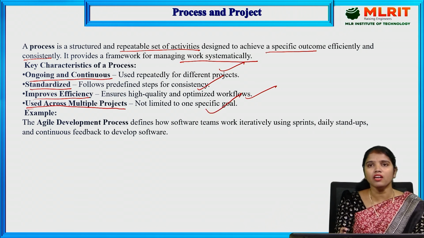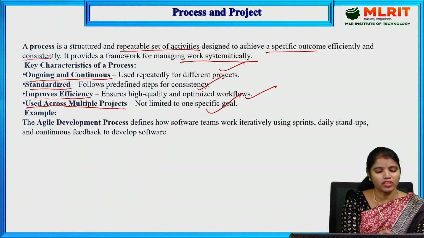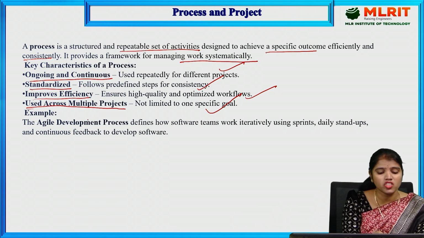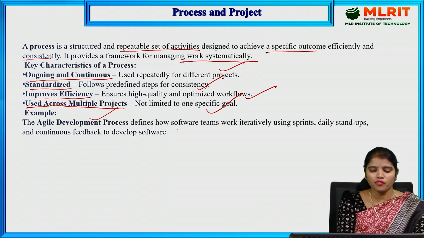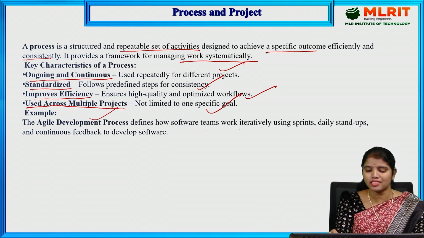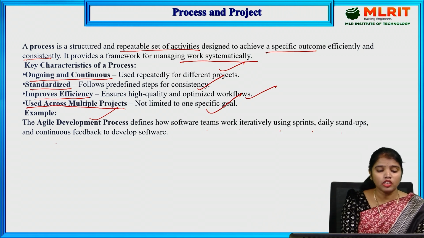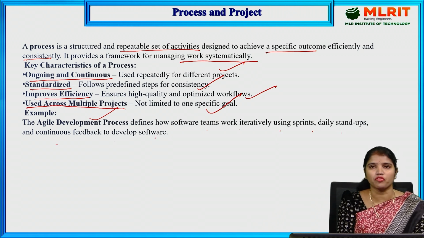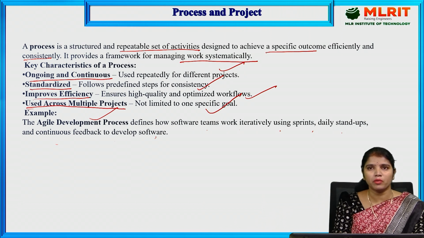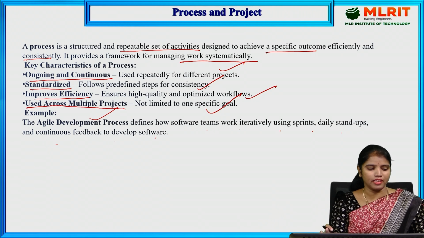As an example, take the agile development process. It defines how software teams work iteratively, using sprints, daily stand-ups, and continuous feedback to develop software. It collects continuous feedback from the customer and develops the software with updates.